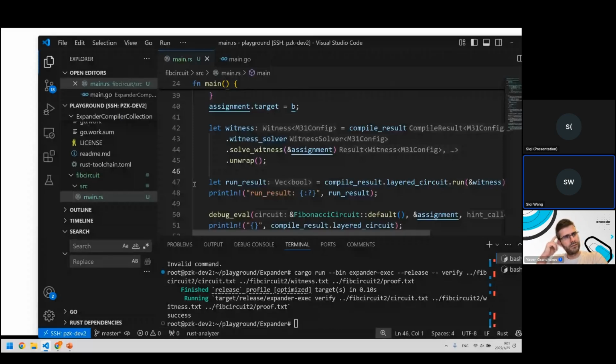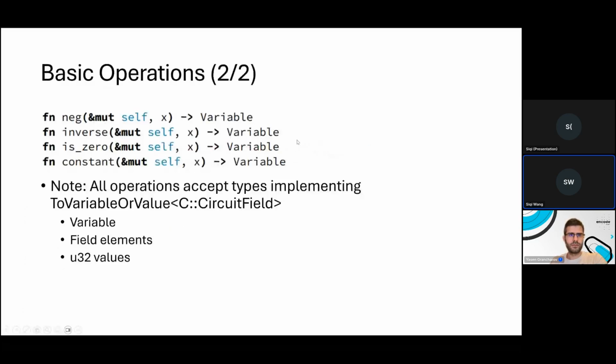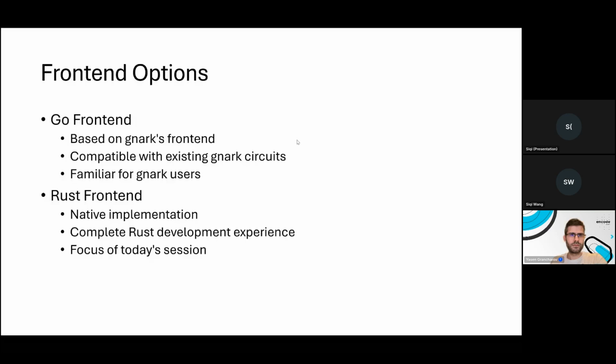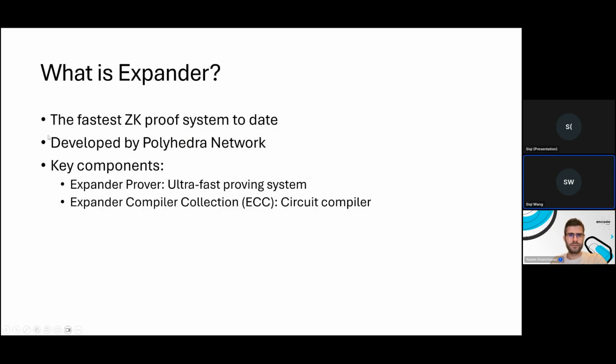What we need to do is just to ensure that Expander is the fastest ZK proof system to date. This will be the key point for Expander and ECC.